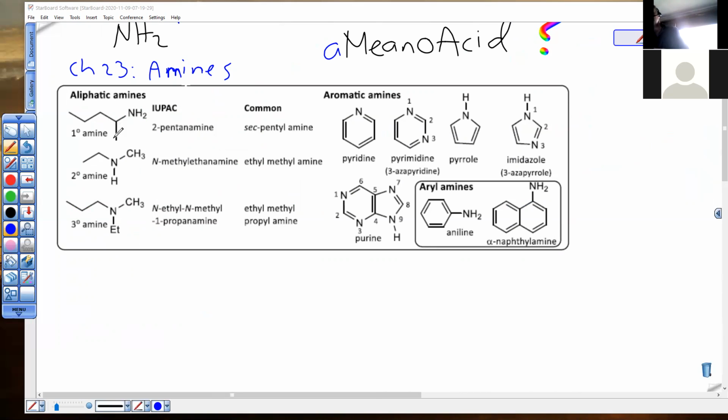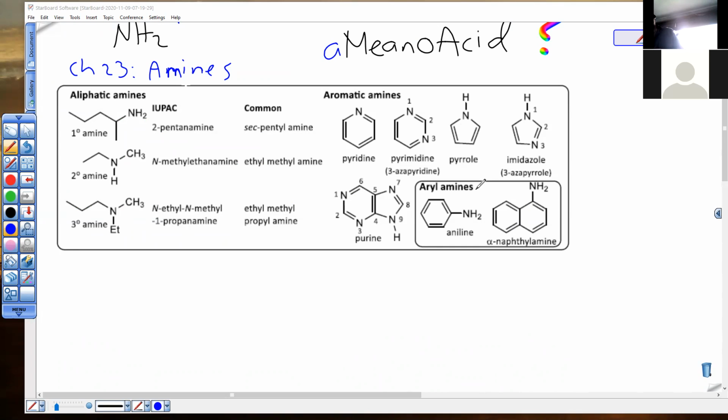Primary amines, secondary amines, tertiary amines. Unlike oxygen functional groups, nitrogen functional groups are more straightforward. To get the degree, you just count the bonds to carbon off the nitrogen. 1, 2 bonds to carbon, secondary, 3 bonds to carbon, tertiary. And we have these aromatic amines, meaning the nitrogen is in a ring.